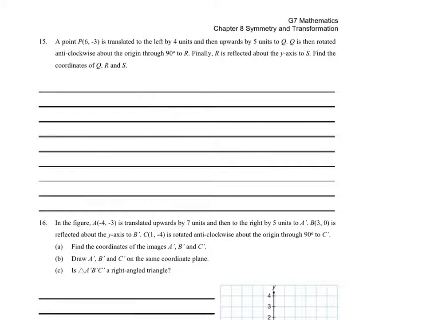Number 15 consists of all the transformations. Okay, so there are actually 4 points altogether, PQRS. You may just treat this question as 3 stages. First, from P to Q, it is a translation. To the left by 4, upwards by 5. So you look at which one minus 4, which one plus 5.